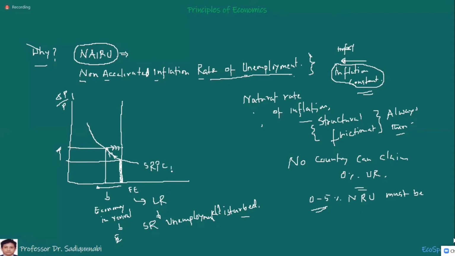And SRPC1, so the economy moves from here to there in the short run and then moves back to full employment. Okay. It is not actually full employment. It is actually natural employment, NE.